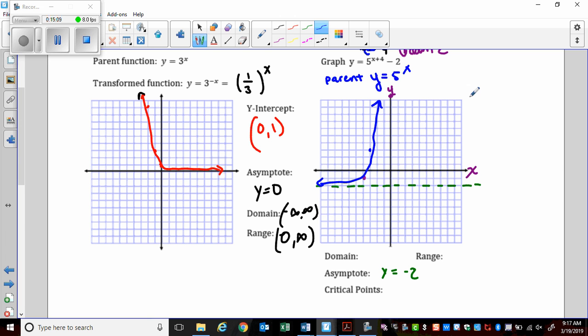My domain goes to the left and to the right, so it's negative infinity to infinity still. My range is going to start down here at -2 this time. It doesn't include -2, it's never going to touch that asymptote, but it goes up infinitely. The critical points: well, I know that (-4, -1) is my critical point.